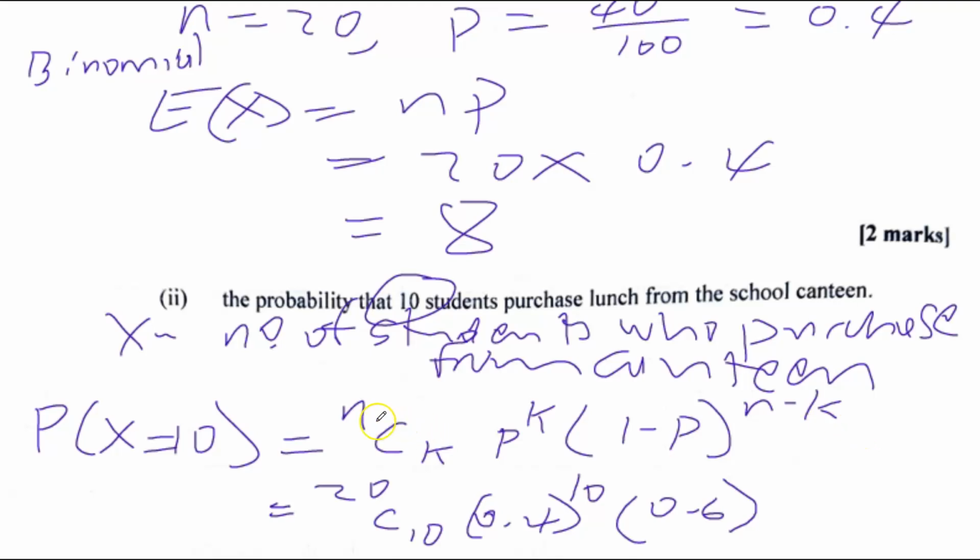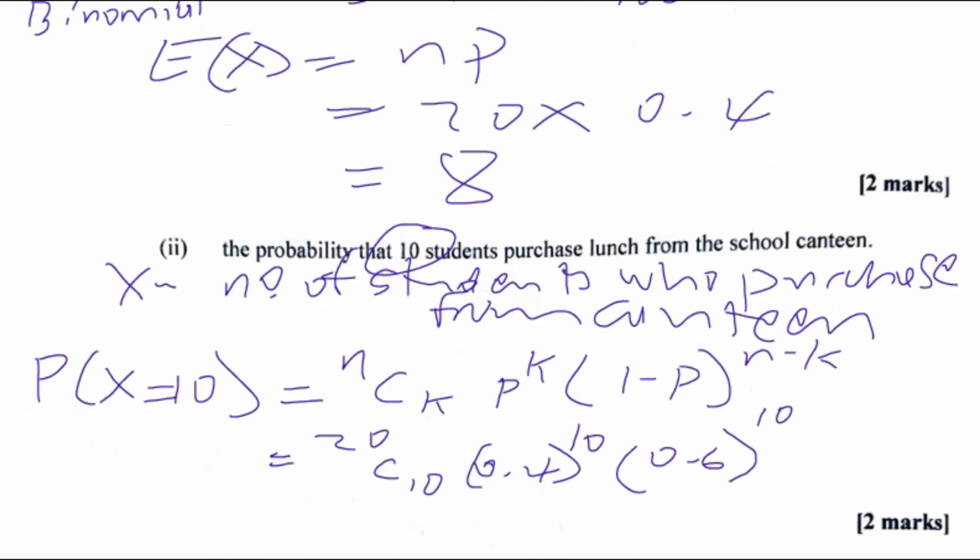N minus k, in this case n is 20, k is 10, so n minus k is 20 take away 10, that's 10. And you can enter this in your calculator, using the nCr button, and this should give us 0.11714. Alright, 5 decimal places should be more than enough.